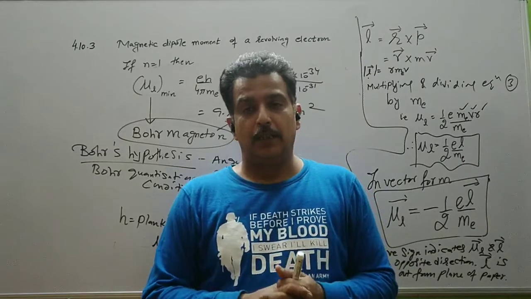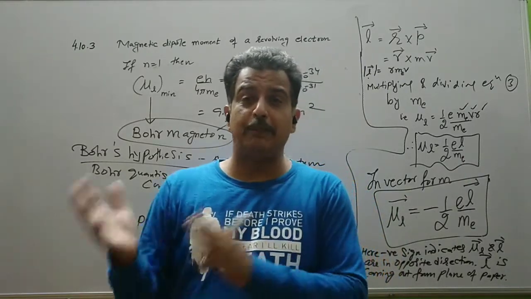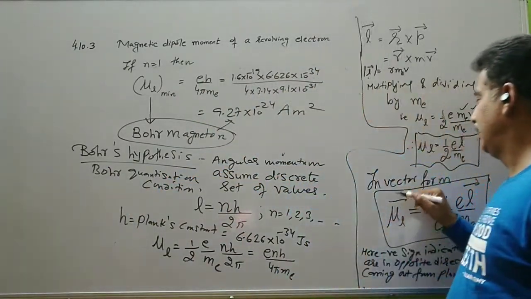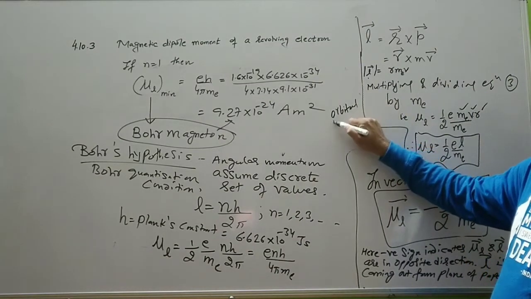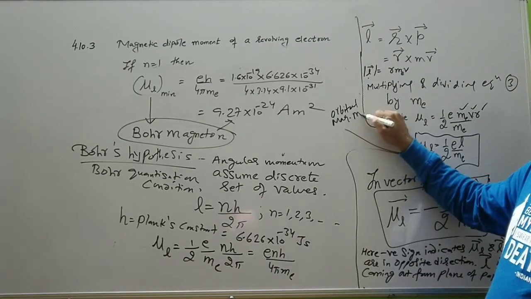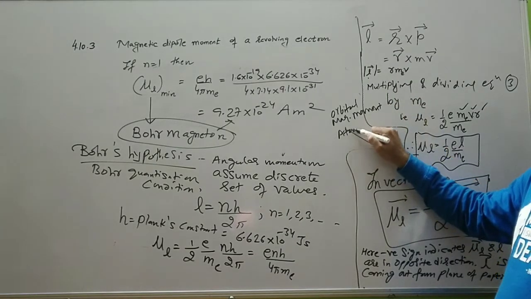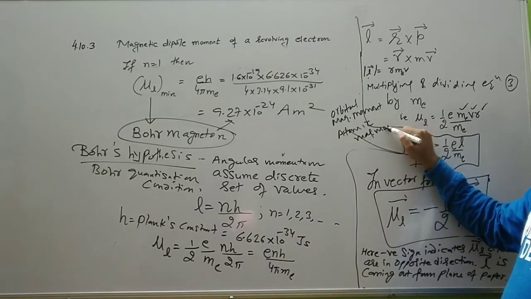So we will also have a concept of spin magnetic moment, and what we have studied is sometimes referred to as orbital magnetic moment, or at atomic level we sometimes call it atomic magnetic moment.